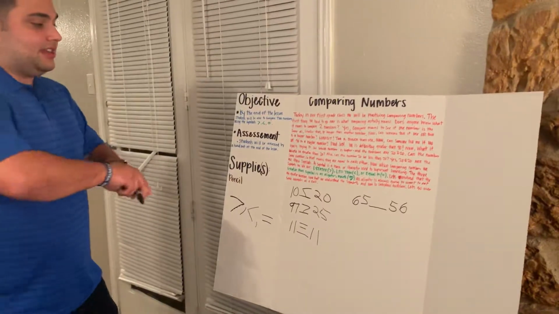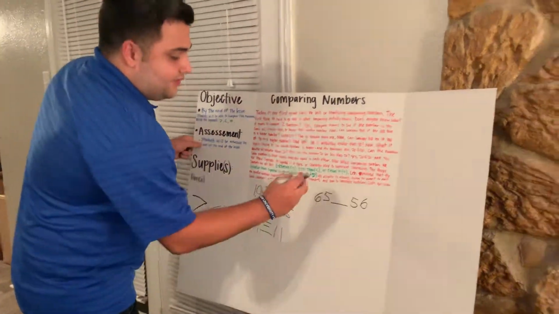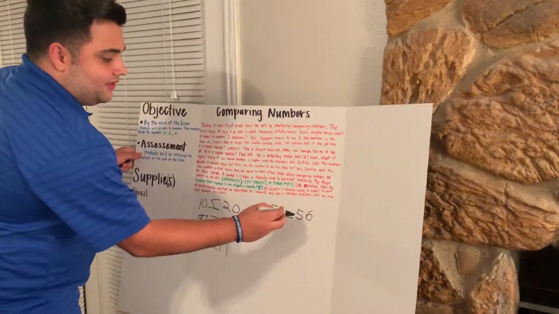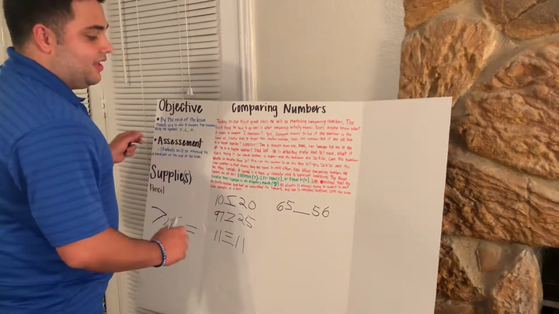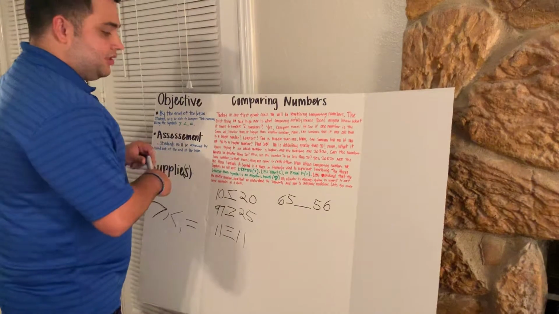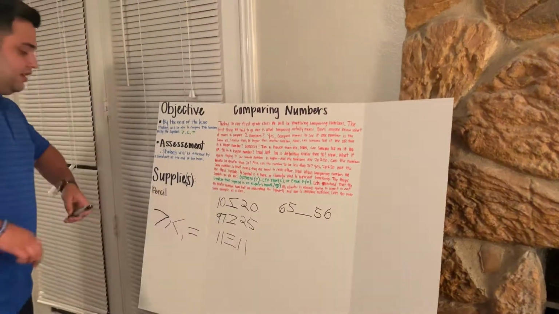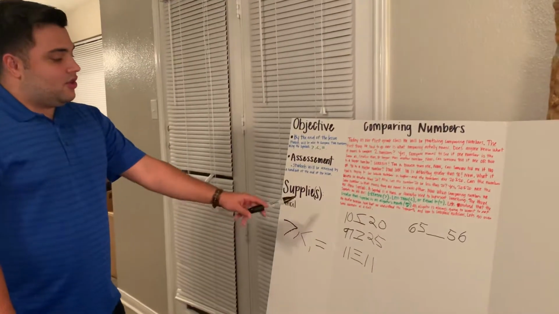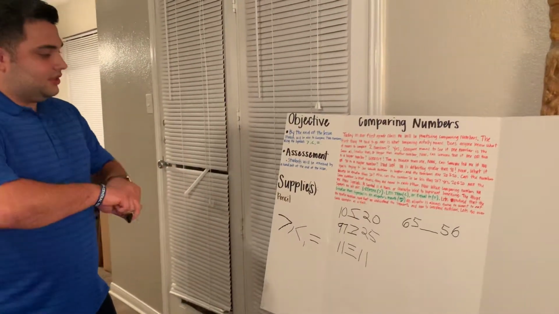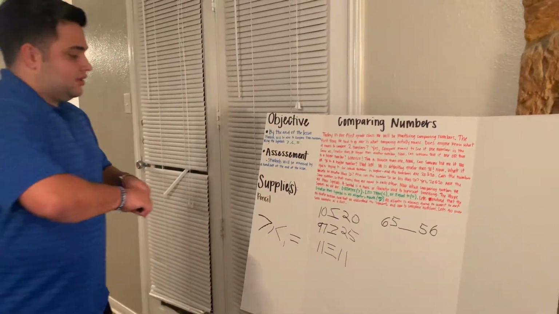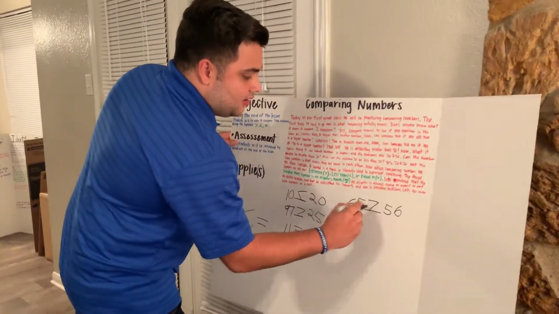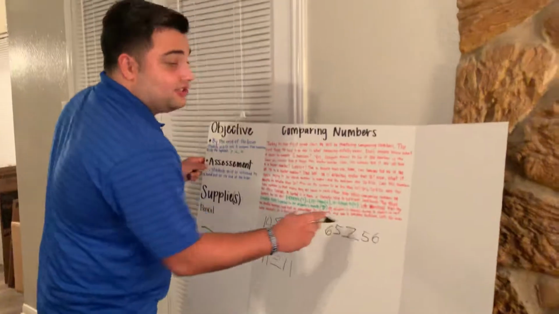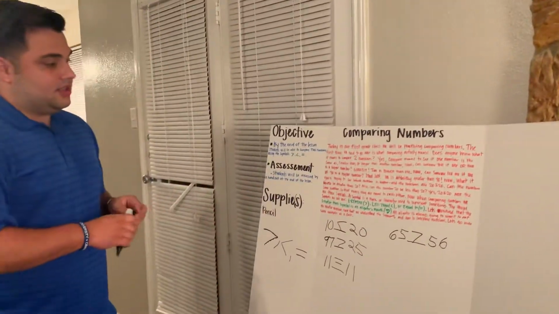And the way we can look at this is the number on the left, since 6 is greater than the 5, that means that 65 is greater than 56. So what symbol would we use? Would we use the greater than sign, less than sign, or equal to sign? That is correct. We would use the greater than sign because 65 is greater than 56.